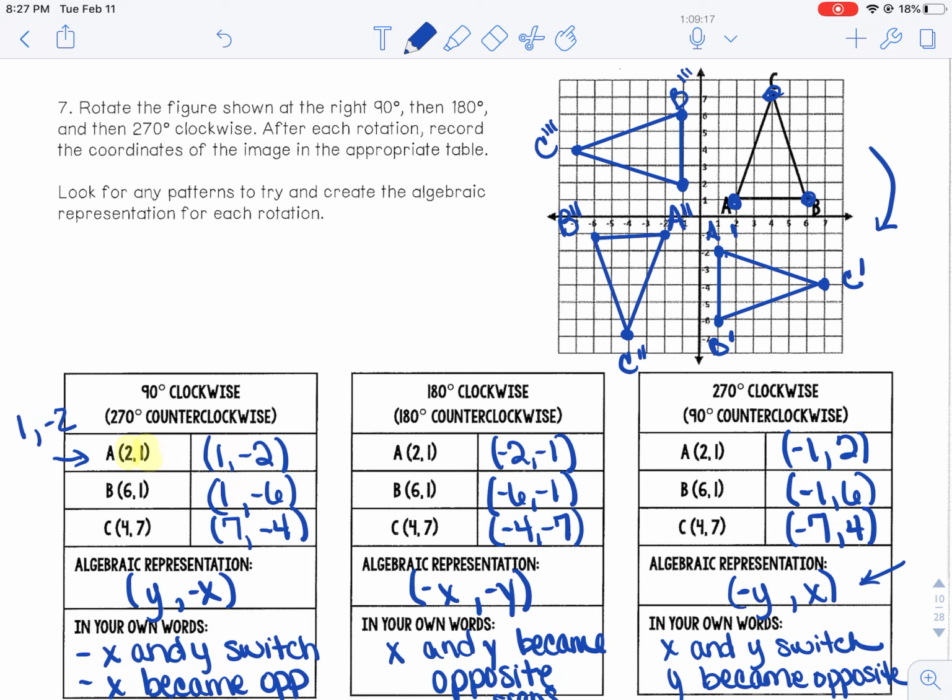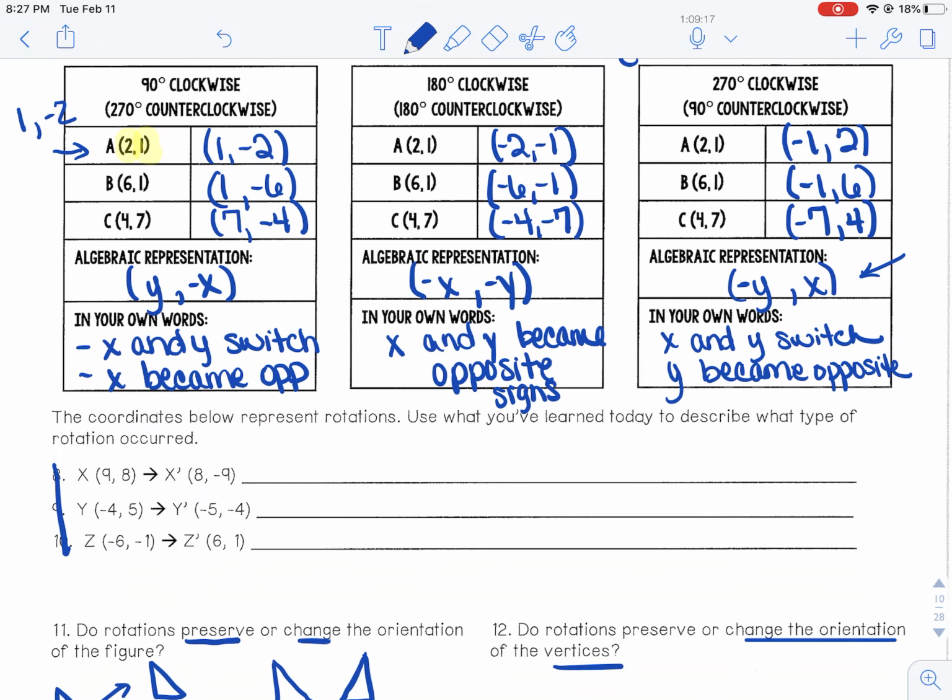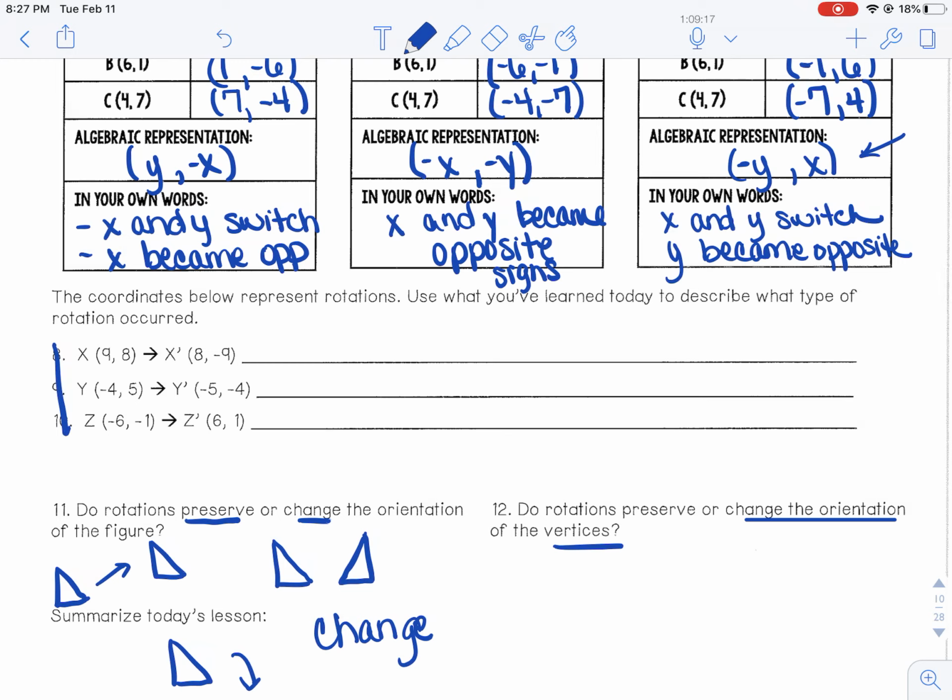If I start at A, once we changed it, and still go counterclockwise, am I still going in the same orientation? Yes, I am. So those points are preserved. They're in the same order. They're not flip-flopped like they are when we did that reflection.